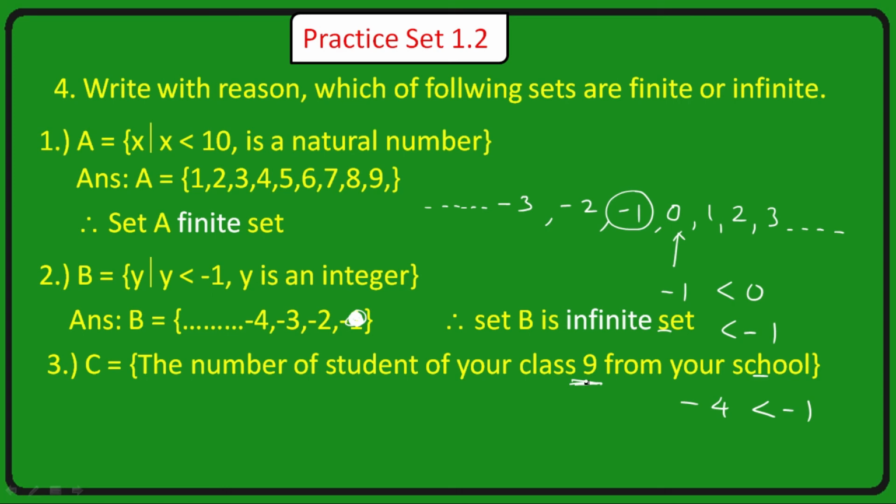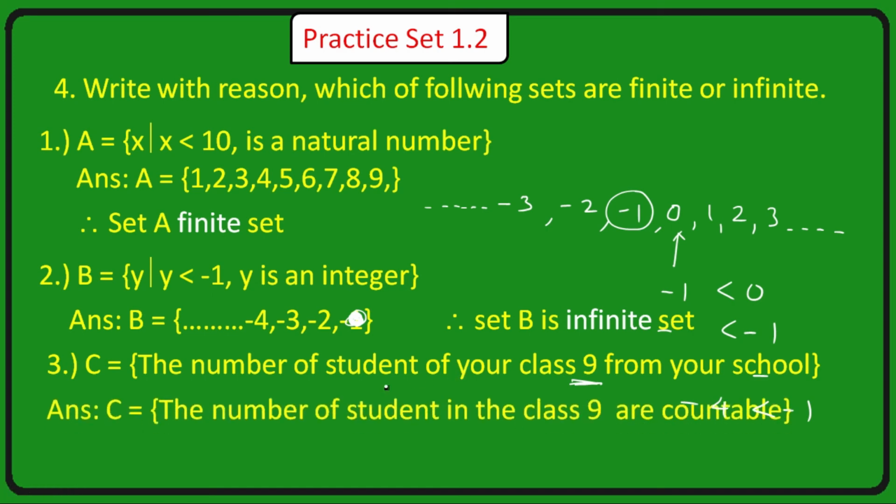So in any school, the counting comes to an end after some time. Hence the elements are countable, hence the set C is a finite set. We can write the answer like this.